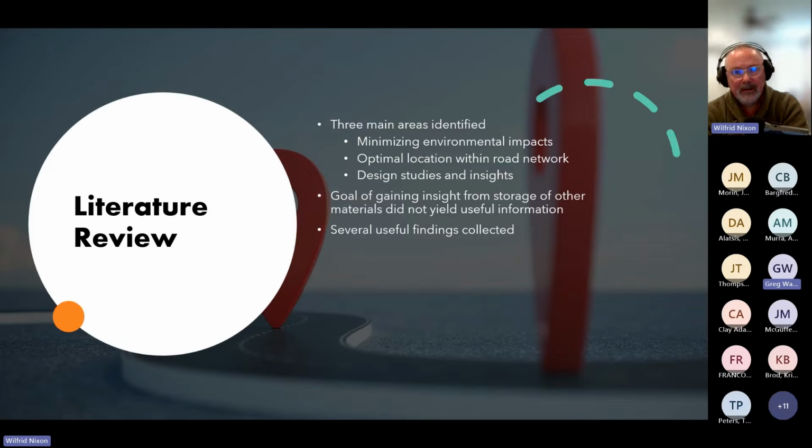There is another part of the literature that deals with the optimal location of a salt storage facility within a road network. That would be something that you might be considering if you, for example, had a new area you were taking over and you could put your storage facility anywhere within that area.